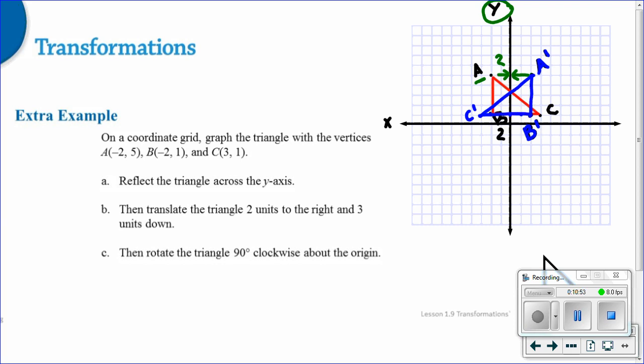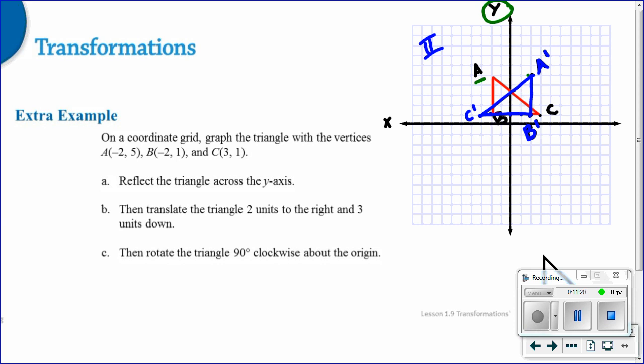So notice how that new triangle looks: A prime, B prime, C prime. Can you see how that is a mirror image across the y-axis? It's just been flipped across the y-axis. Each and every point is the same distance from the y-axis as it was before. It's just on the other side of it. A was in the second quadrant.